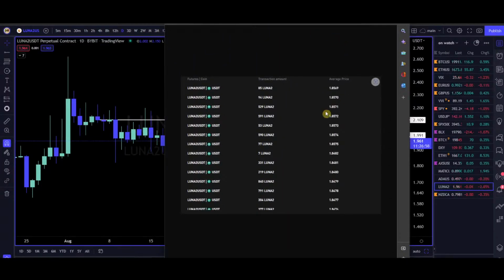You see all that slippage? 85 Luna at that price, 94 Luna there, 529 there. This was on one order, and it went much lower. I had like another 12 or 13 entries below that, but this was on one short order, a market order. 331, 590, 77, 7, 219, 840, 791. I mean, that's bad. And that's because there's not a lot of liquidity in it.